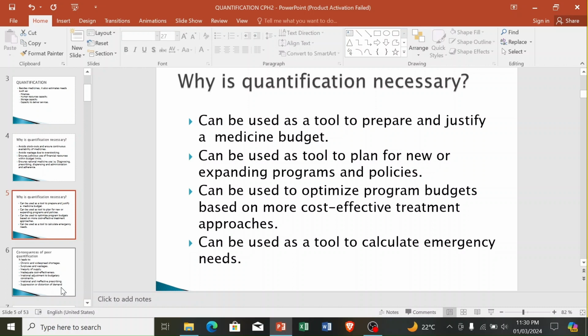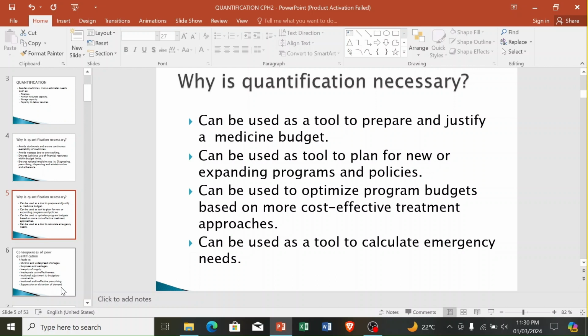It can be used to optimize program budgets based on more cost-effective treatment approaches. So we also use it to optimize budgets. Don't confuse optimizing budgets with preparing and justifying medicine budgets. They are independent of one another.